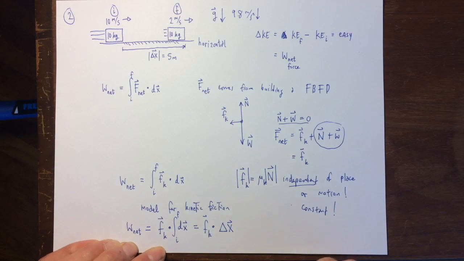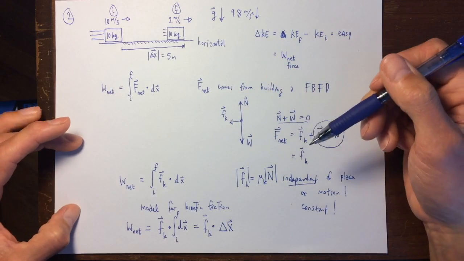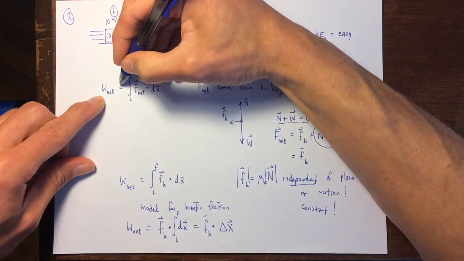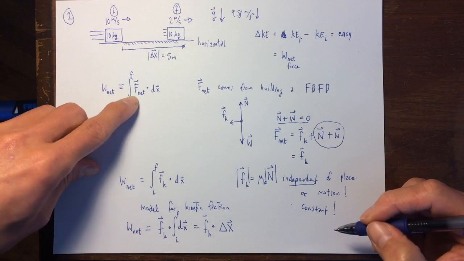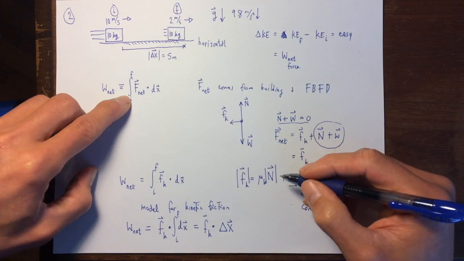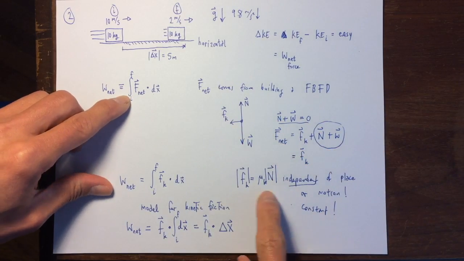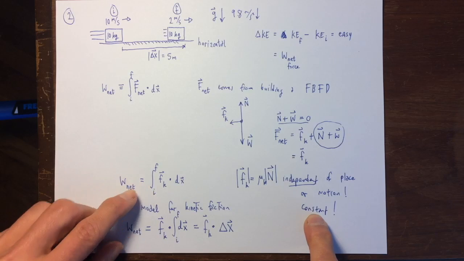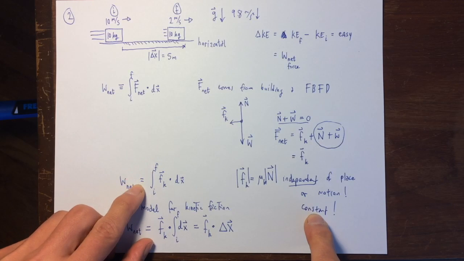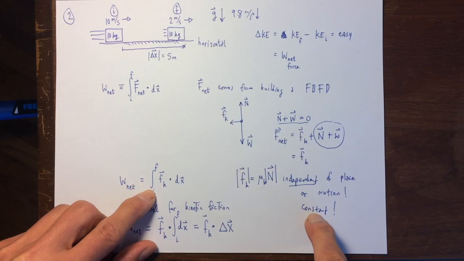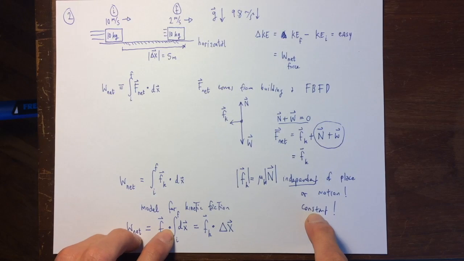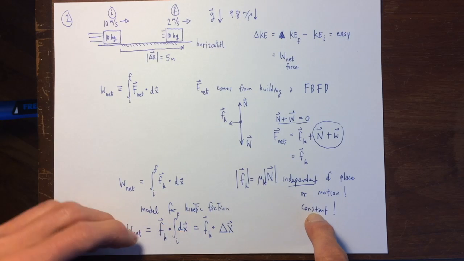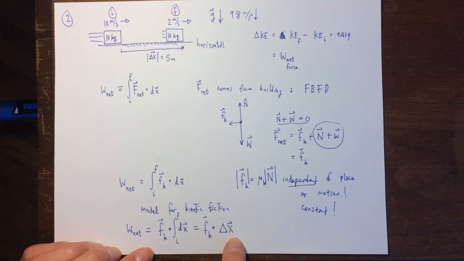So you saw me do some work with a free body force diagram, thinking about the fact that this is the definition of the work done by the net force. It is an integral. If the model of your force is constant with respect to how the integral is happening, then it is a constant of the integration and can come out as a common factor on the sum. So here it is as a common dot product factor on the sum of infinitesimally small displacement vectors. And out pops this conclusion here.